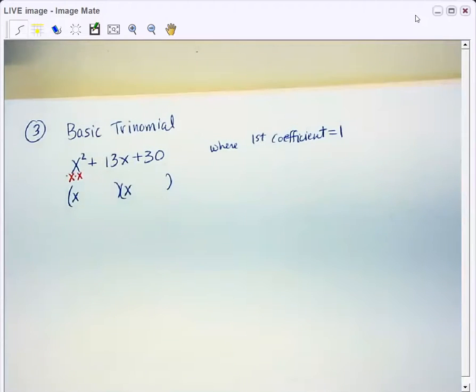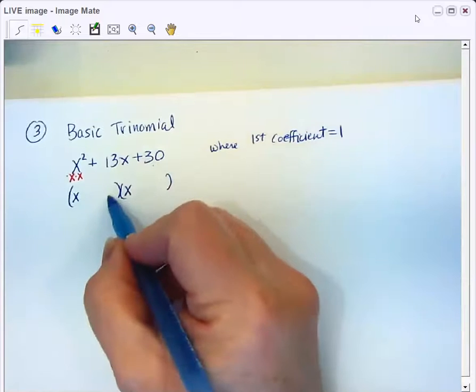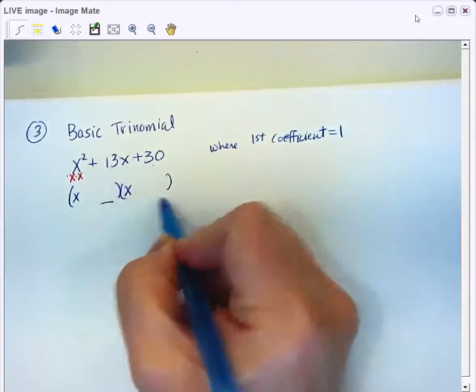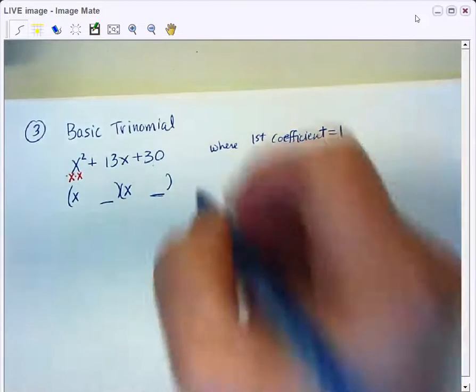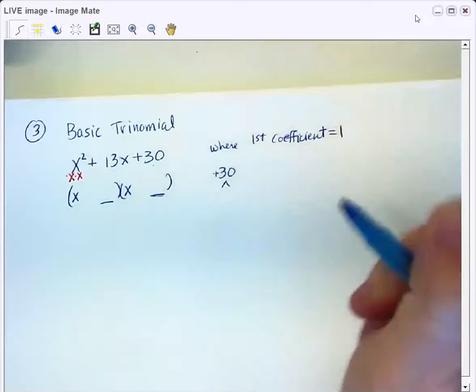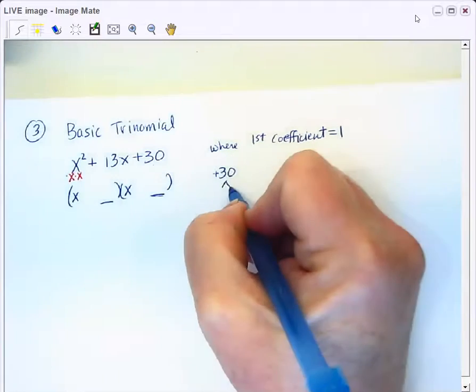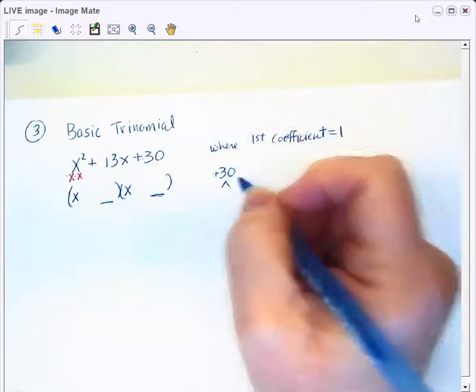Now remember, this last term is the product of this number and this number in the back. So I need the two factors of a positive 30 that I'll multiply together to give me 30 and add, because it's a plus, to give me 13.